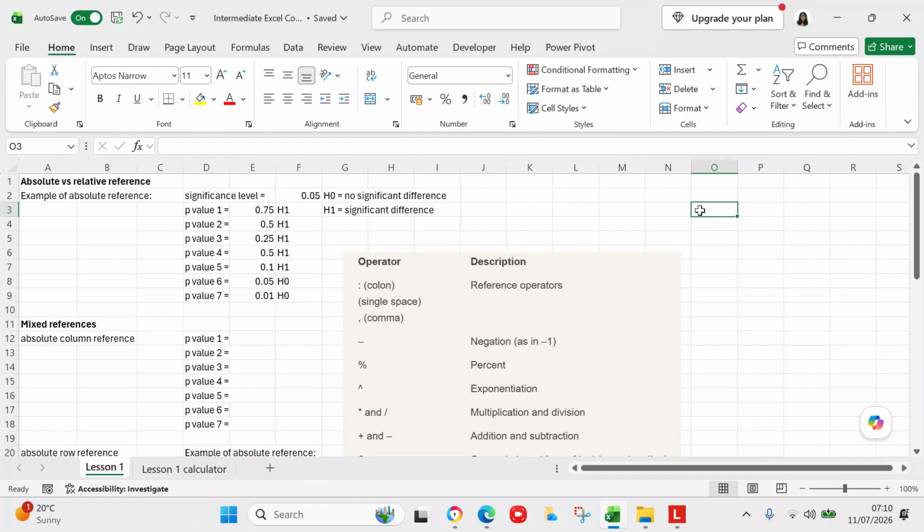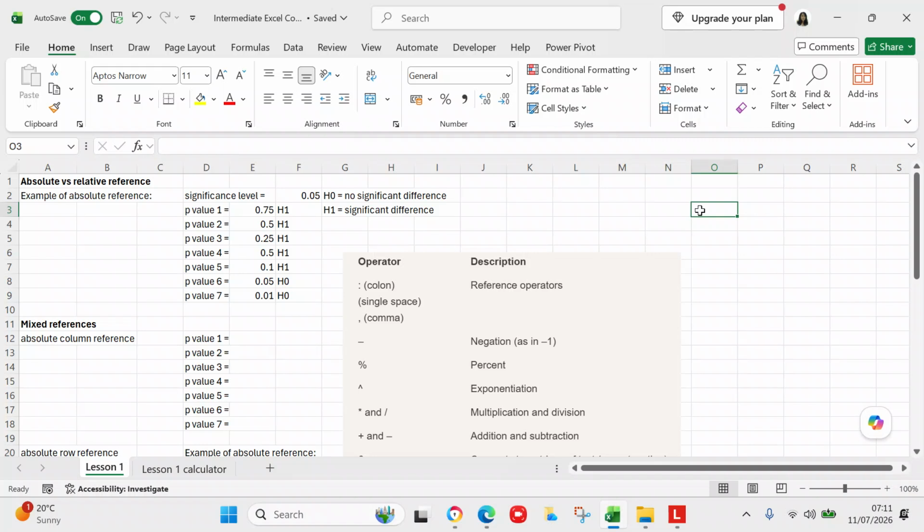So you've got, we'll say, F2. $F$2 means that it doesn't matter where you move the formula in the cell, it's still going to be $F$2. And so that is an absolute cell reference. You have to actually go through and put $F, $2 in the formula in the cell.